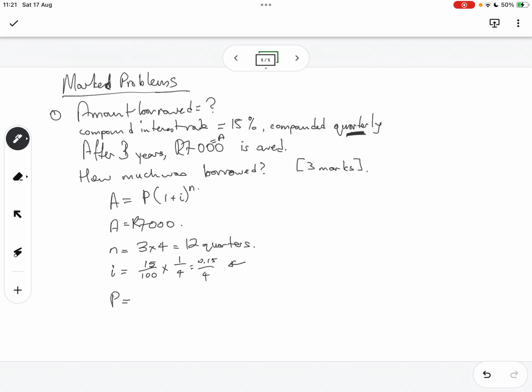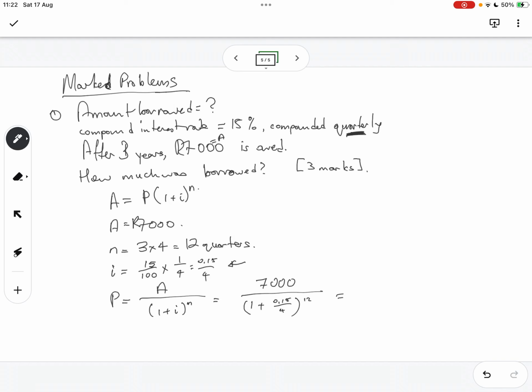Okay, so now we have to find P. And this should equal A divided by 1 plus i to the power n, which is 7,000 divided by 1 plus 0.15 over 4, to the power 12. And that will give us our final answer when we substitute and calculate.